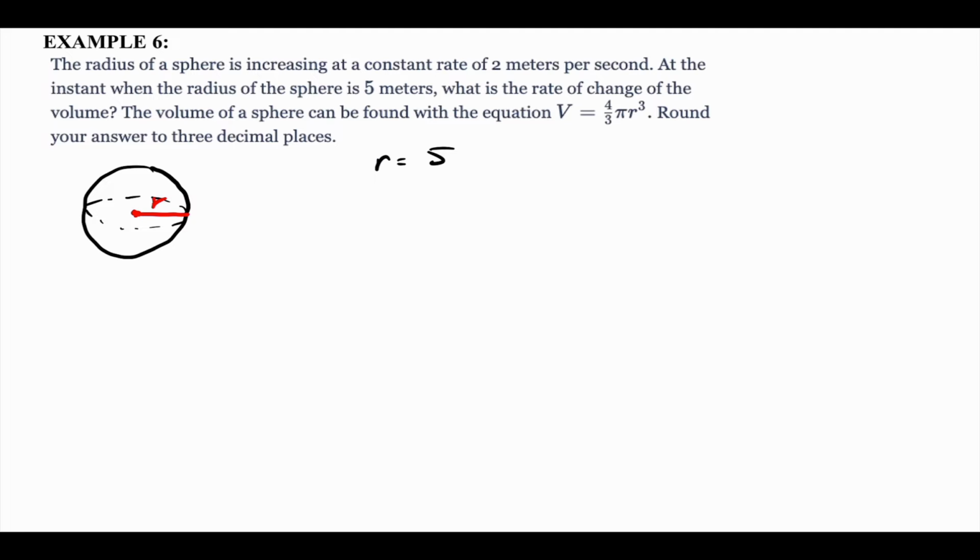That is definitely something we know. What else do we know? There you go. The radius is increasing at 2 meters per second. So that's going to be written as dr/dt. It's increasing, so it's positive too. I think that's all we know.